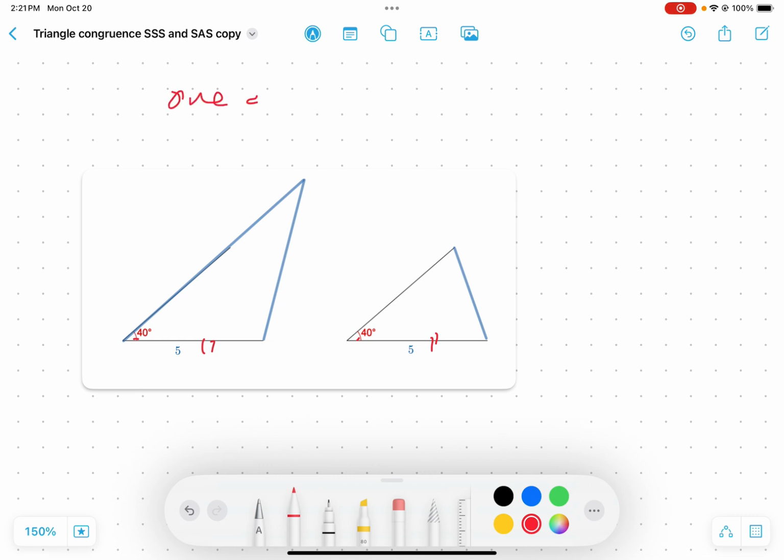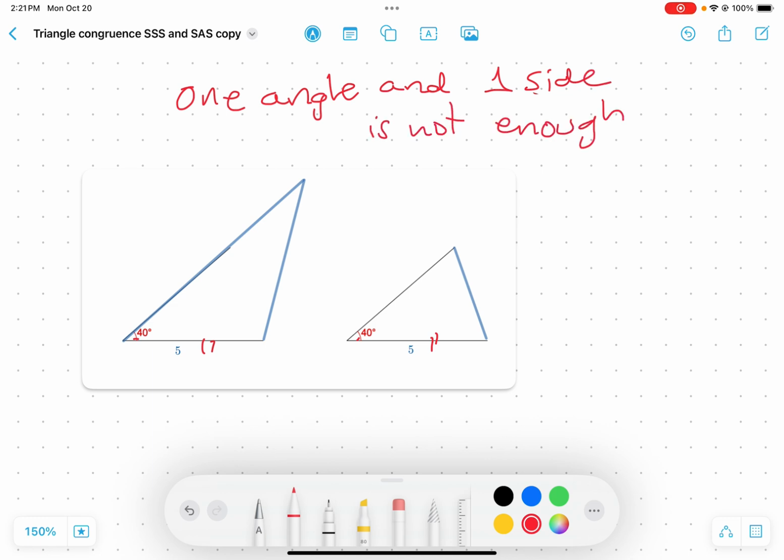So one angle and one side is not enough. Sorry. One angle and one side is not enough information to make two congruent triangles.